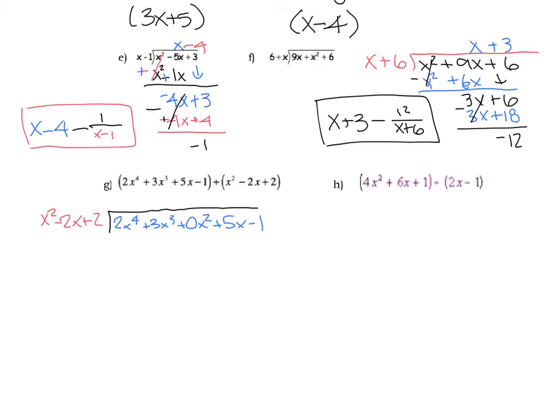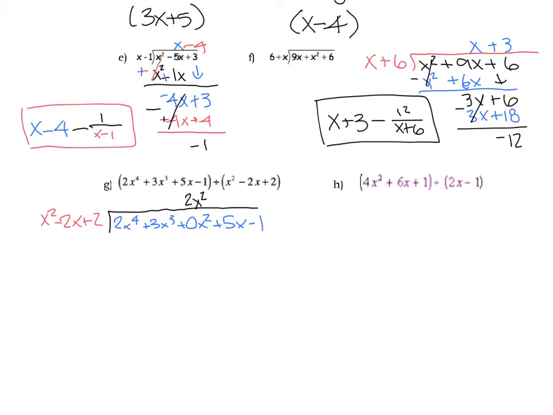x squared goes into 2x to the 4th power 2x squared times. So notice I'm going to skip writing on top of the 2x to the 4th. I'm going to skip writing on 3x to the 3rd, and I'm going to write 2x to the 2nd power over the 0x squared.